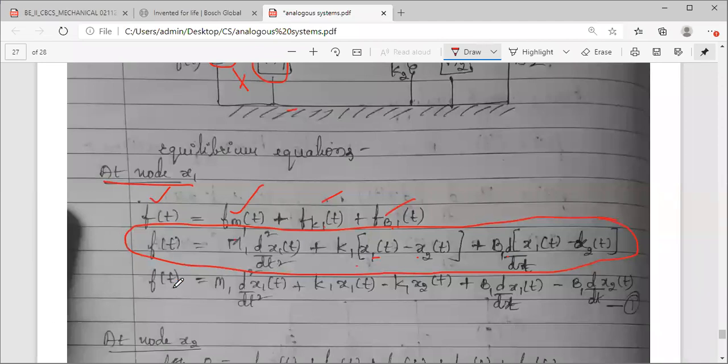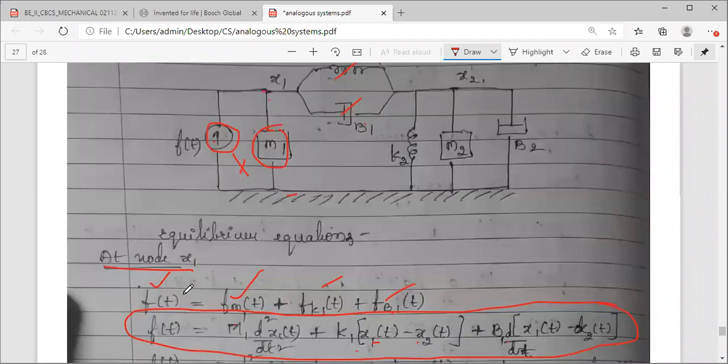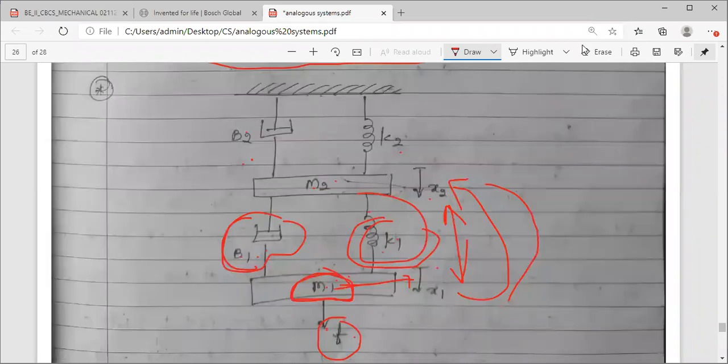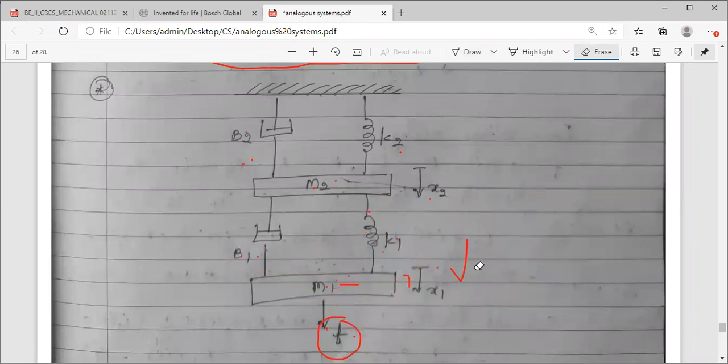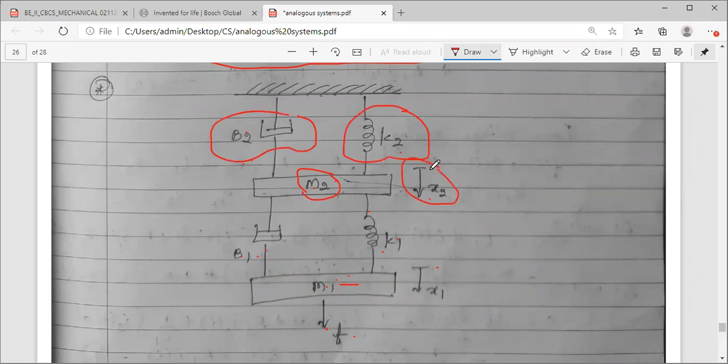Now at node x2, let's see. For node x2, you have no applied force, so the left hand side is 0, equal to Fm2, Fb2, Fk2, and all are associated with x2 itself.